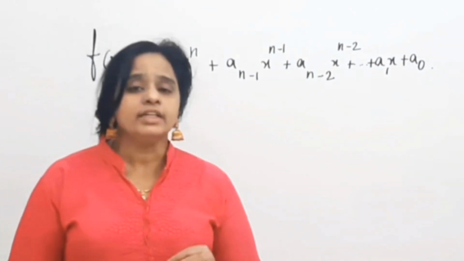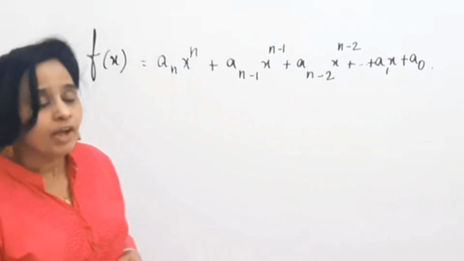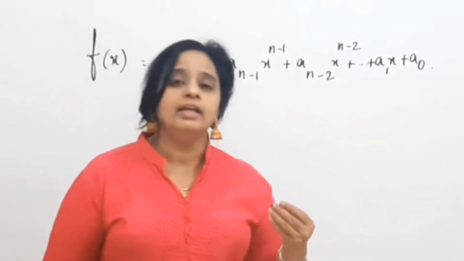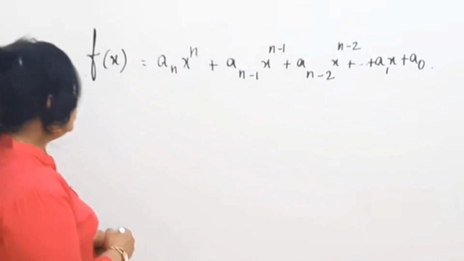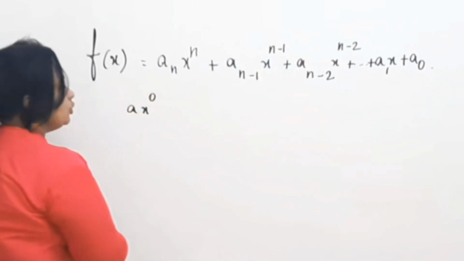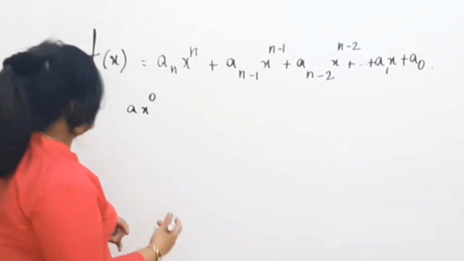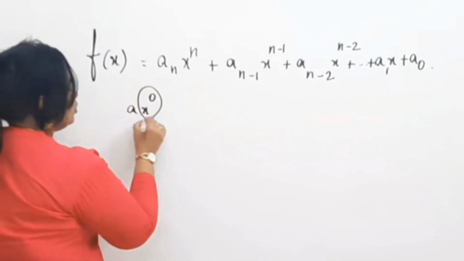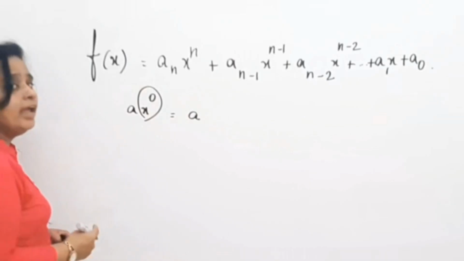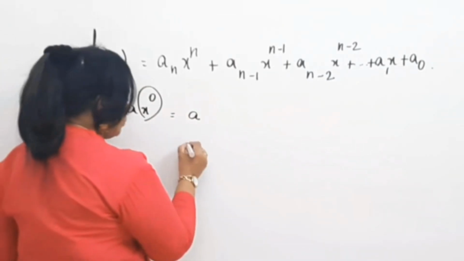Now children, what is the constant polynomial? The constant polynomial is where the power of the variable is 0. I can tell you the constant polynomial is ax raised to 0. Now ax to the power 0 is nothing but a times 1. So my polynomial is just a number a, where a is any real number. I give an example.